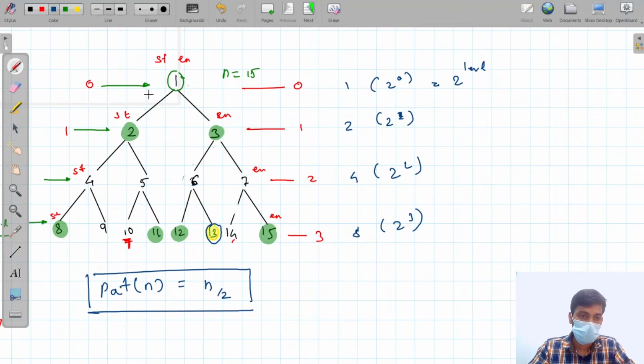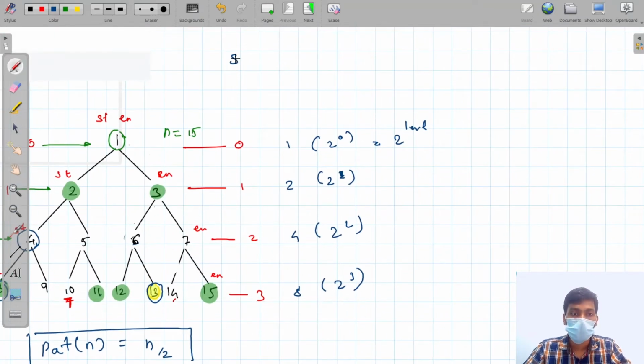That is, in this level, in the exponential form of 2, what is going to be the perfect power of 2 in this level? It is going to be 4. In this level it is going to be 8. So can I call this starting point equal to 2 raised to the power level, or I'll just call it the last level value.